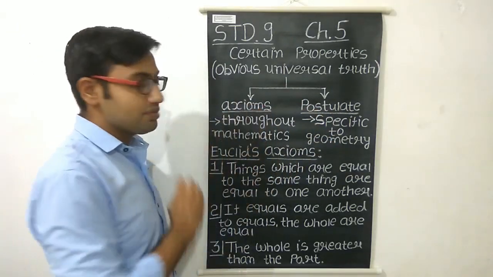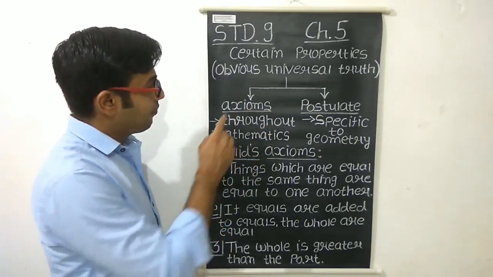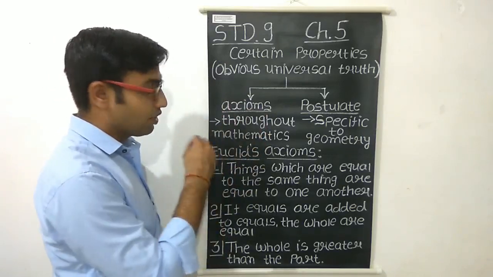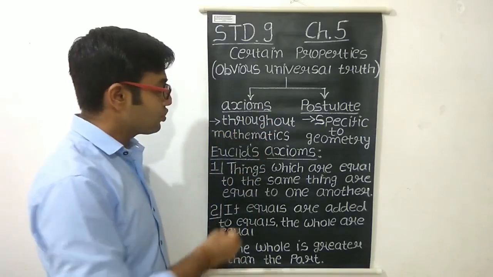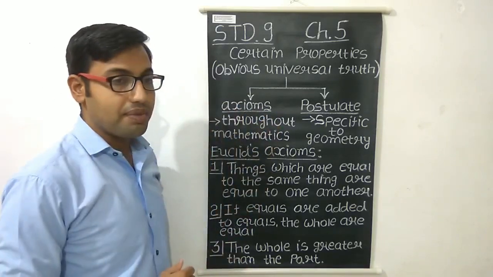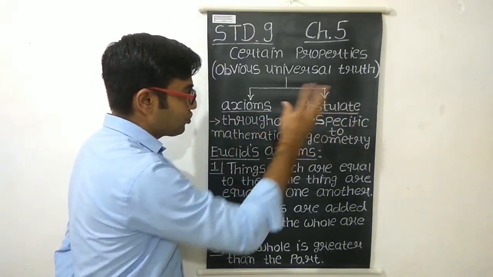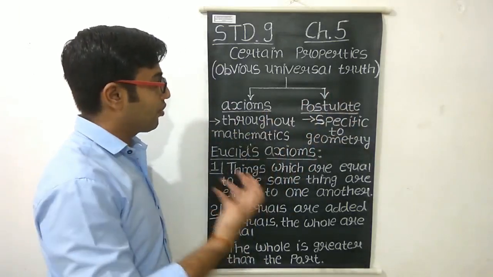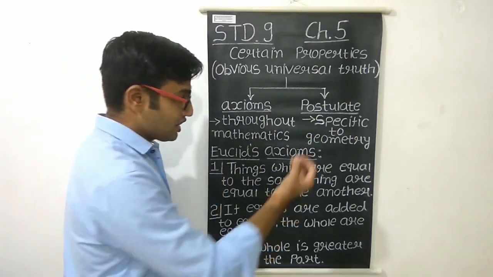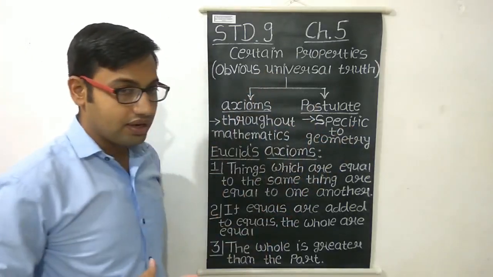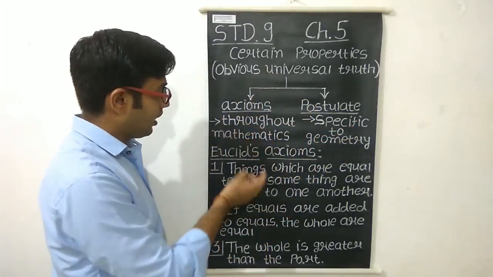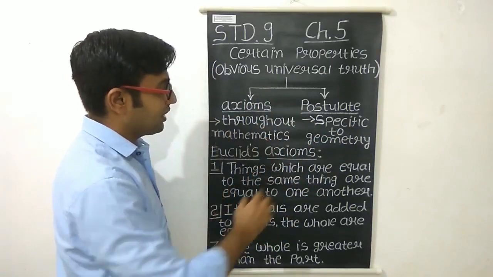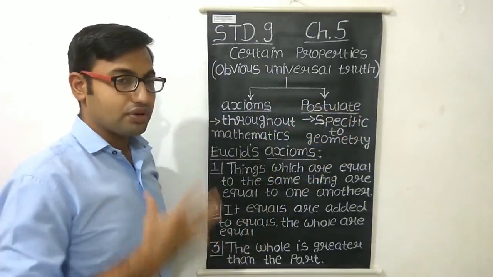See, axioms are properties which are used throughout mathematics, while postulates are the statements or properties which are specific to geometry only, right? Axioms are useful throughout mathematics, postulates are specific to geometry.